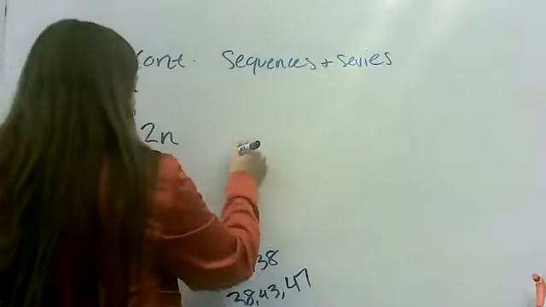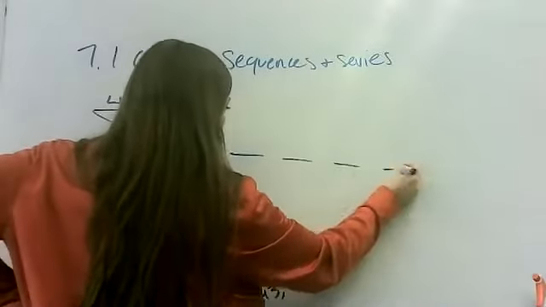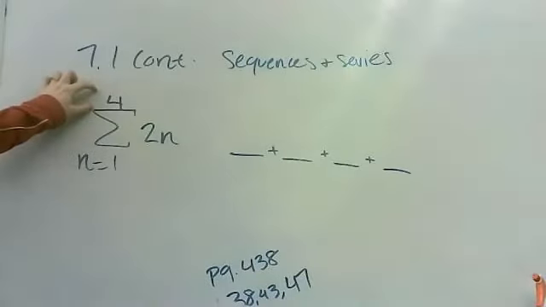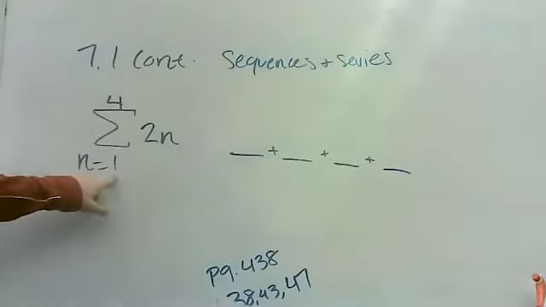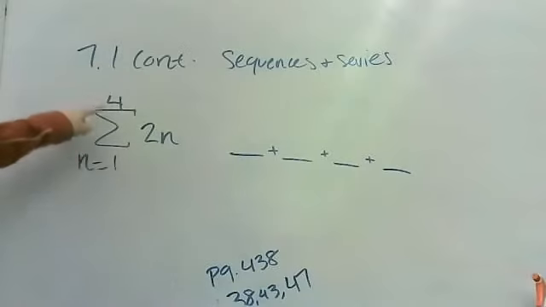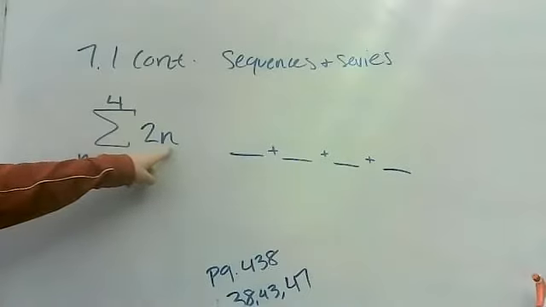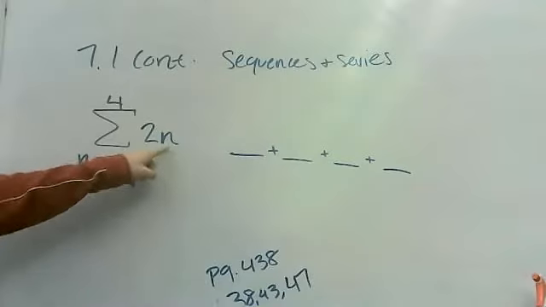So to do that, we will end up having 4 terms. How do I know that? My upper limit is 4, and I'm starting at term number 1. So I have to write terms 1 through 4 going on here. So the way we do this is simply plugging in our n value. We start at 1, so I'm plugging in 1 for n.